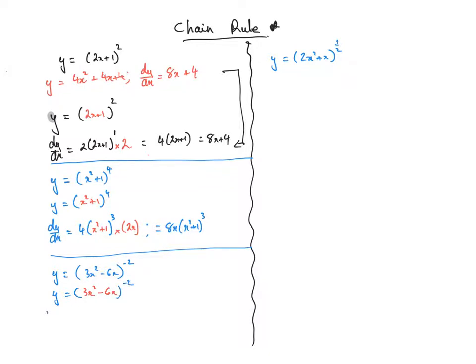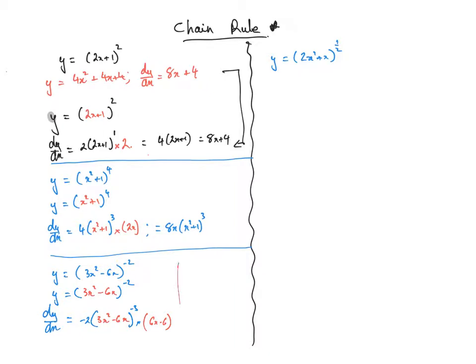So dy/dx is equal to negative 2 at the front, open bracket, whatever the function inside is, we just leave it there. Doesn't change. Take 1 from the power, I get negative 3, times the derivative of the term inside the bracket, which is 6x minus 6.